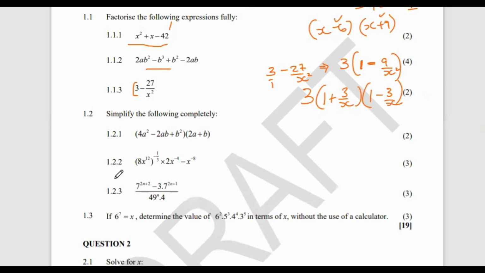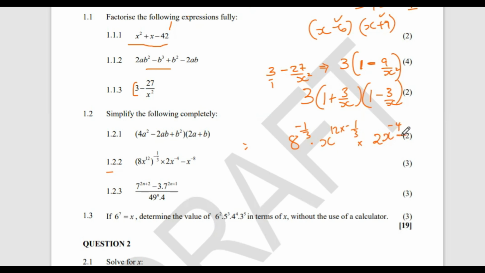Okay, then 1.2.2. Let's open this up. So these are exponents. So you're going to say 8 to the exponent of negative a third, multiplying by x to the 12 times negative a third, multiplying by 2x to the negative 4. Is this a subtraction?